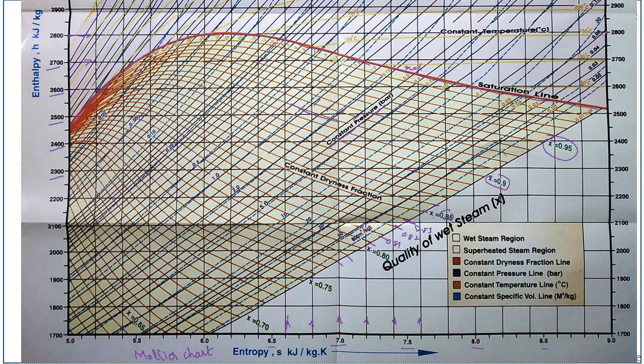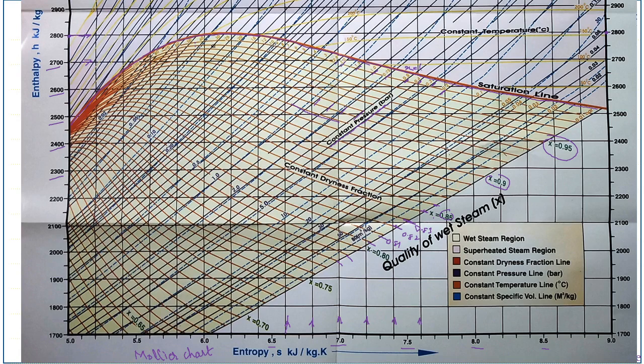So here it is written as 0.2, means this curve represents 0.2 bar, this curve represents 0.3 bar, this curve represents 0.4 bar, 0.5 bar, then 0.75 bar, 1 bar, 1.5 bar, 2.0 bar, 2.5 bar, and so on as we move along this.